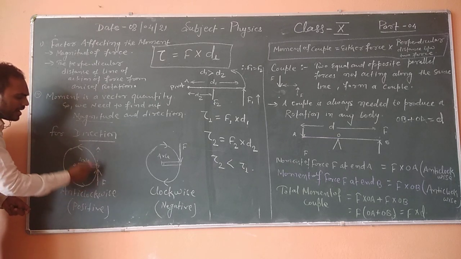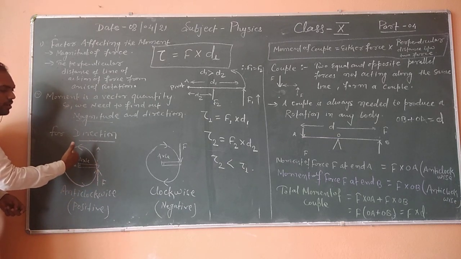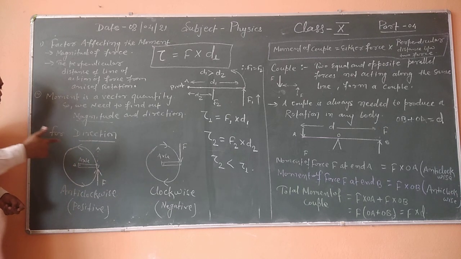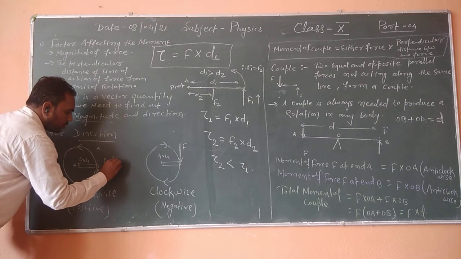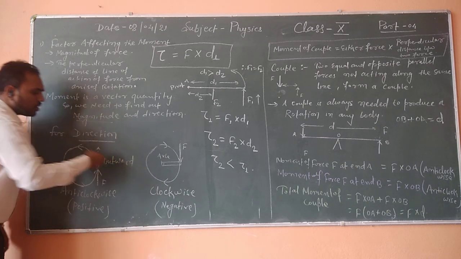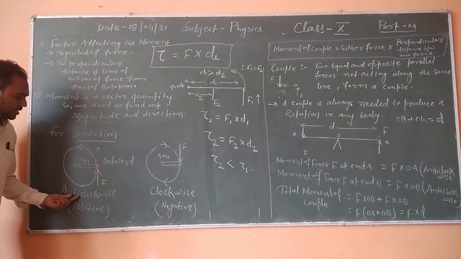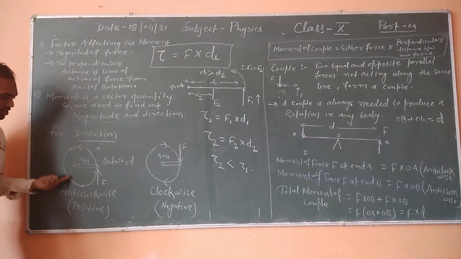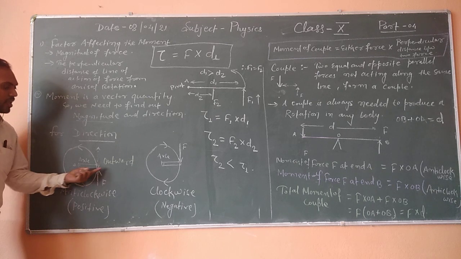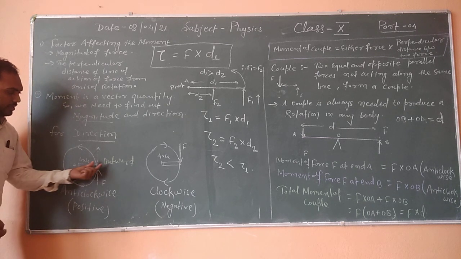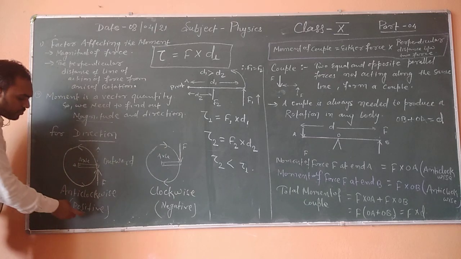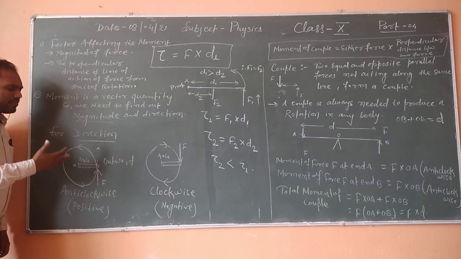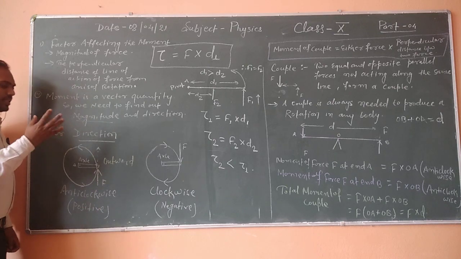And the direction of moment will be perpendicularly outward from the board. That is anti-clockwise, the direction of rotation of the axle, and outward is the direction of moment. For convenience, you may take it as positive.